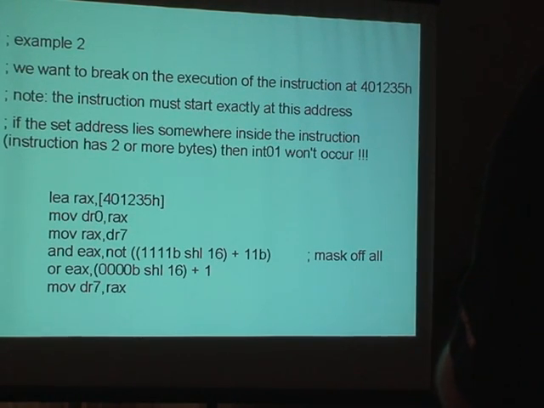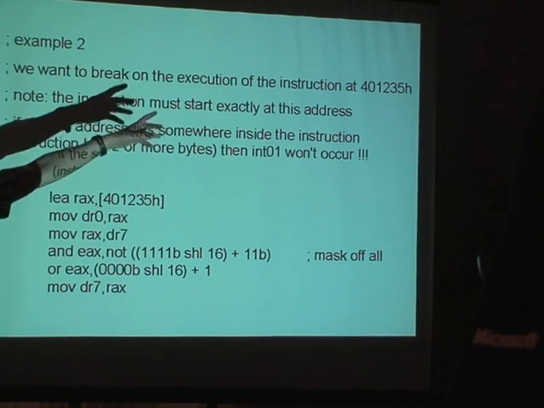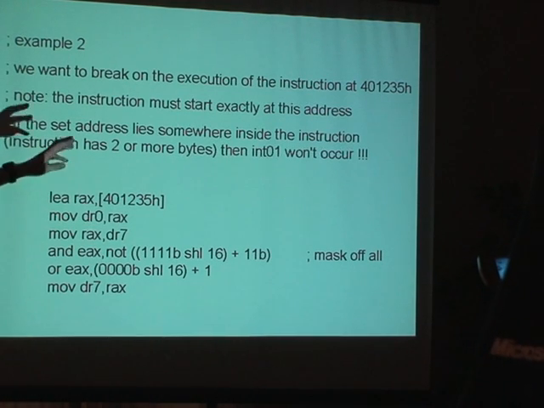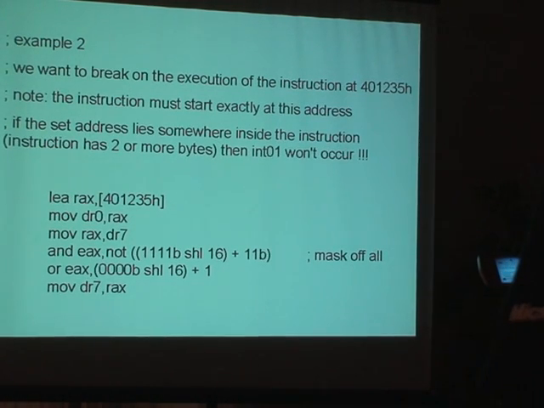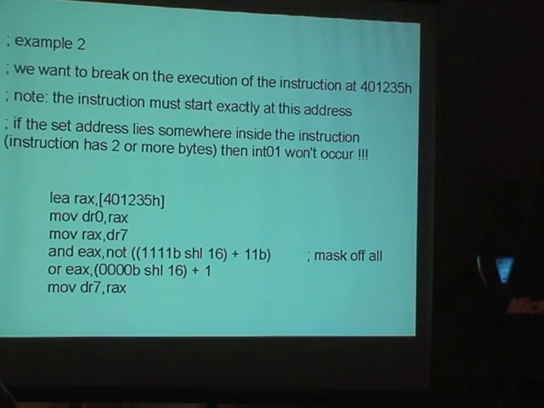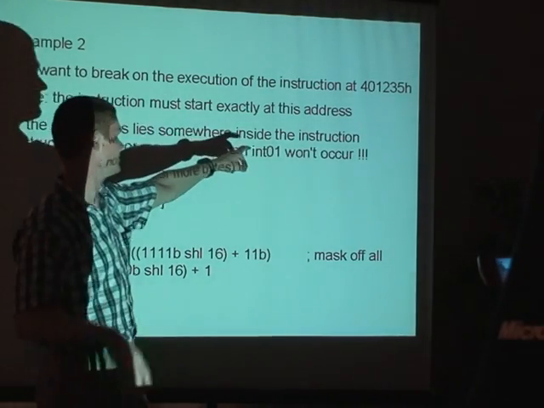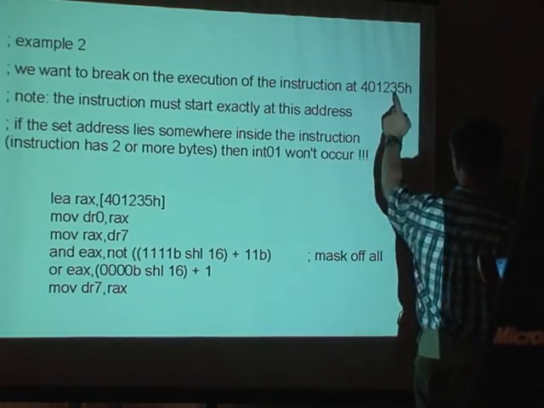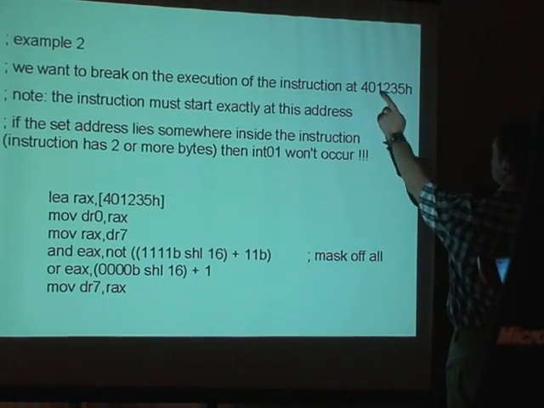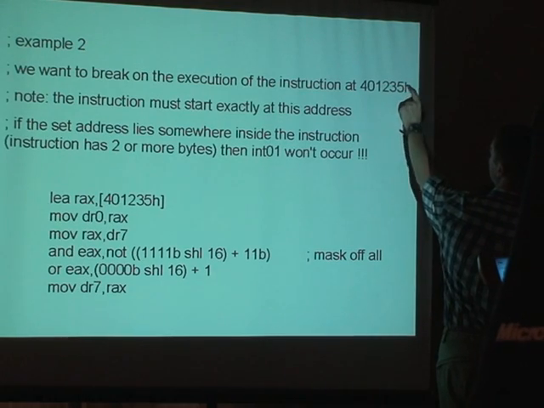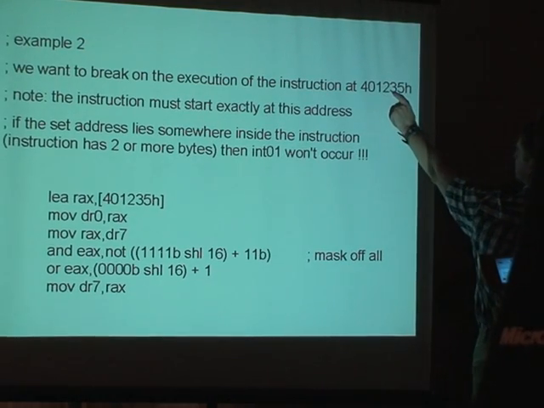Example 2, we want to break on the execution of the instruction at the address with this value. I must say that the instruction must start exactly at this address. The instruction mustn't start at address 34, it must start exactly at 35.